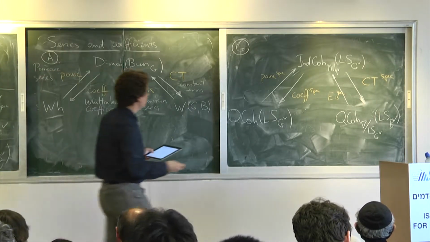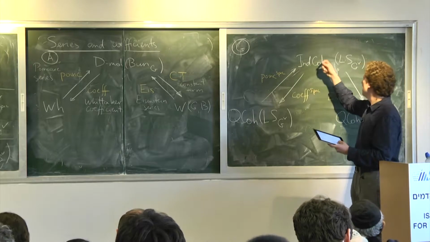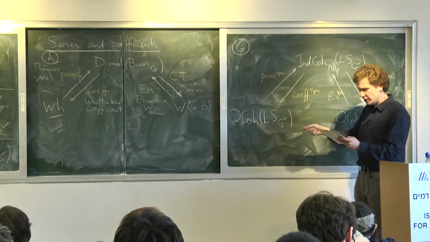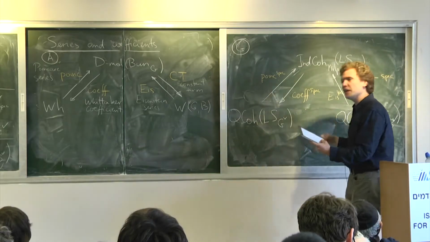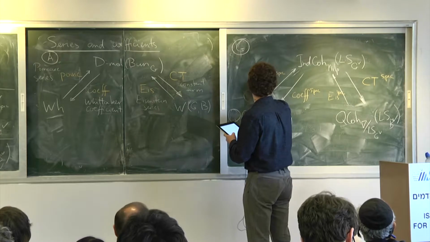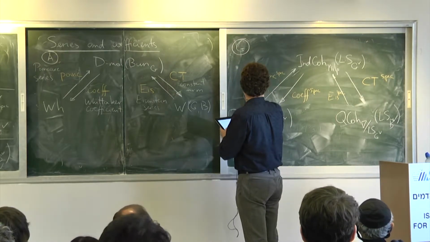For example, these two maps between quasi-coherent sheaves and ind-coherent sheaves are the standard maps relating the two categories. There's an embedding in one way.